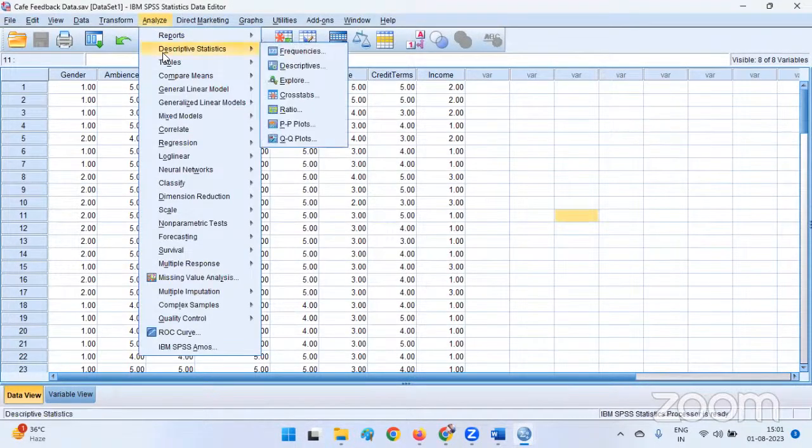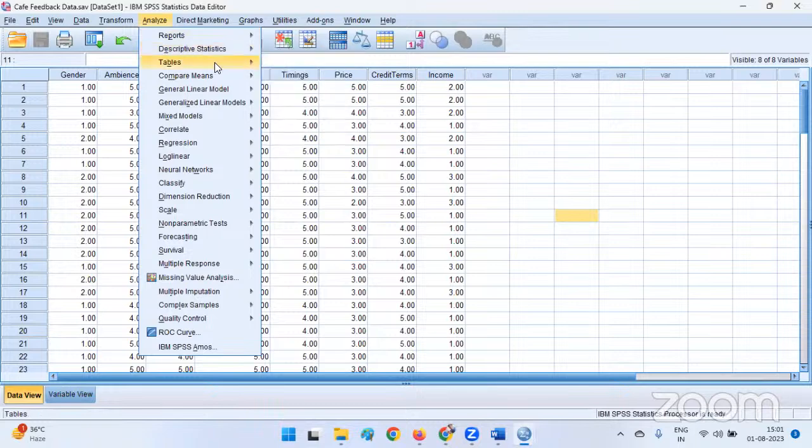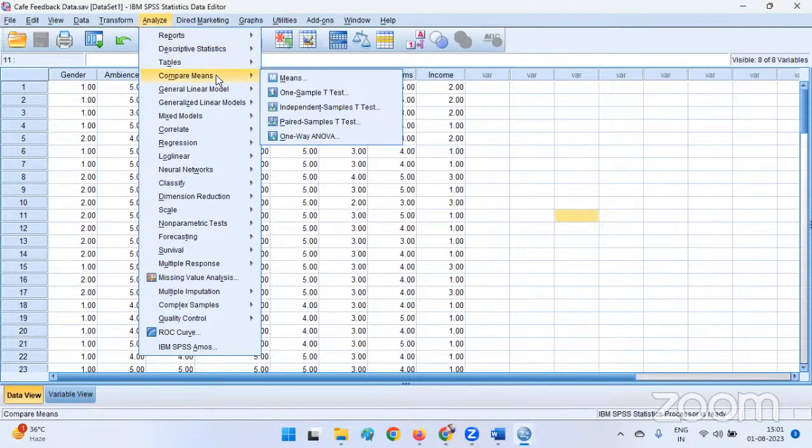So we go to Analyze, then Compare Means. In Compare Means, first we have Means, if we want to compare the mean of groups, like males, only the comparison of mean, not finding whether there is a statistically significant difference. We are just calculating the mean, or we are doing a one sample t-test, which we are doing right now.